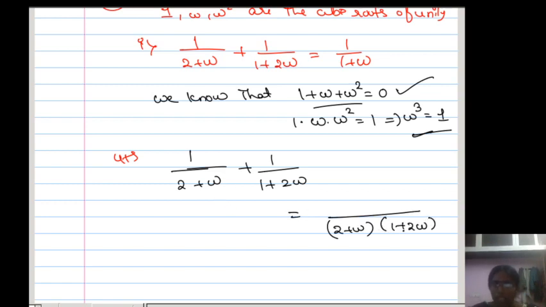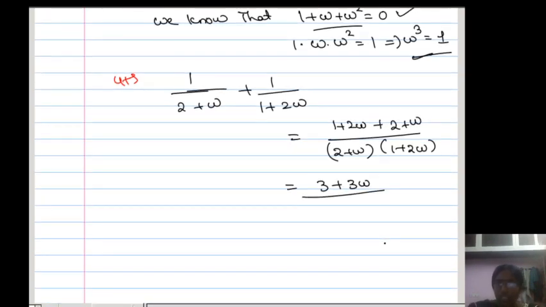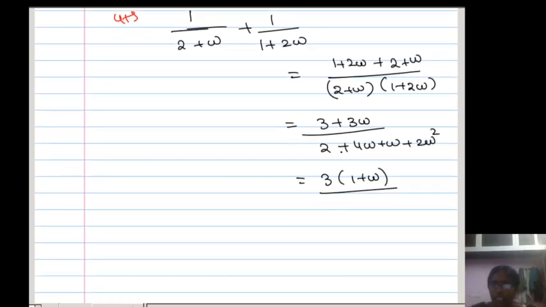In the numerator, (1 plus 2 omega) plus (2 plus omega) gives 3 plus 3 omega. The denominator: 2 plus 4 omega plus omega plus 2 omega square, which is 2 plus 5 omega plus 2 omega square.